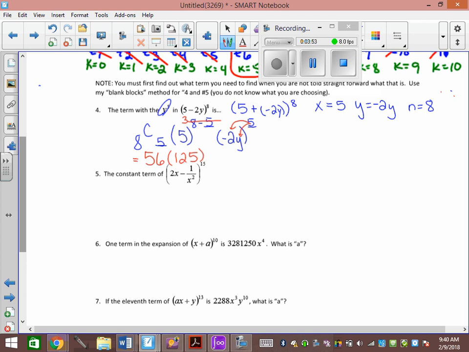So negative 2 to the 5 is negative 32. Y to the 5. And what would this be? You have to multiply now 56 times 125 times negative 32. It's going to be negative what?